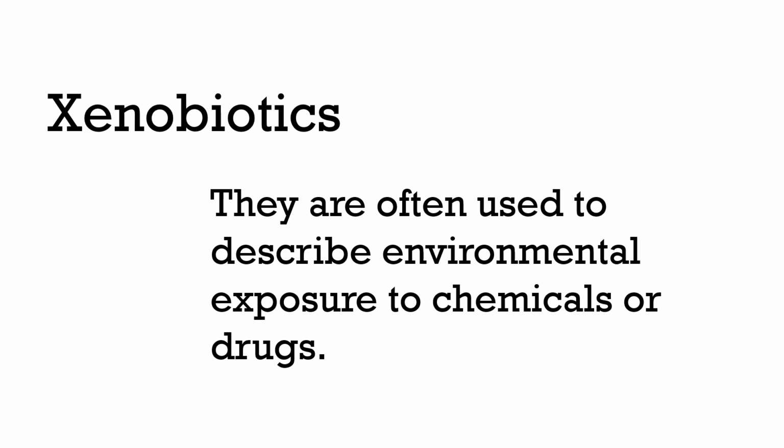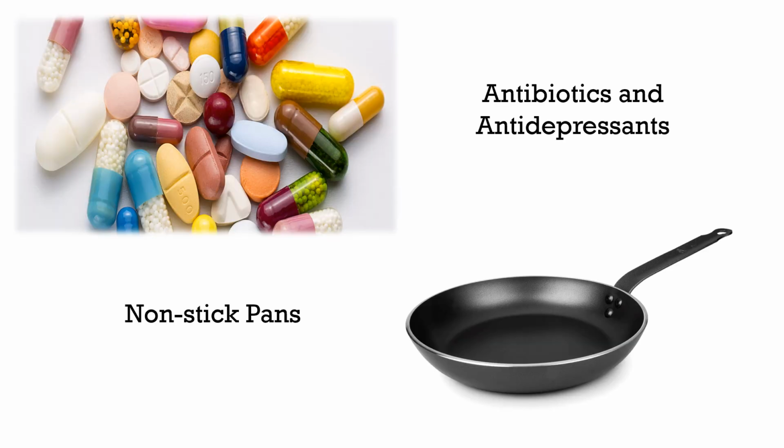Chemical exposure would include perfluorinated brominated compounds, or PFCs, such as PFOS, PFOA, and PTFE, which are found in non-stick coatings of pans, and some of the chemicals can also be found in your drugs as well.